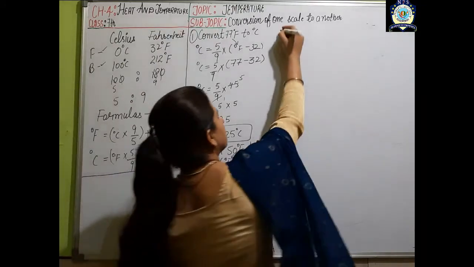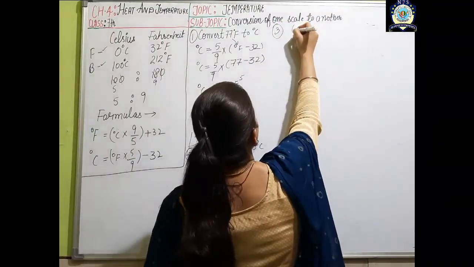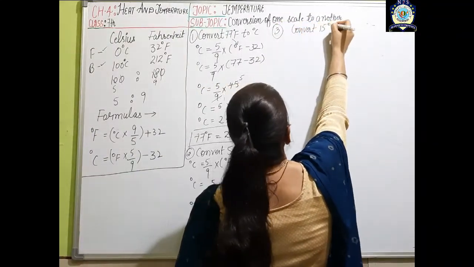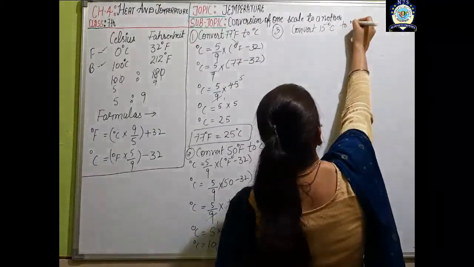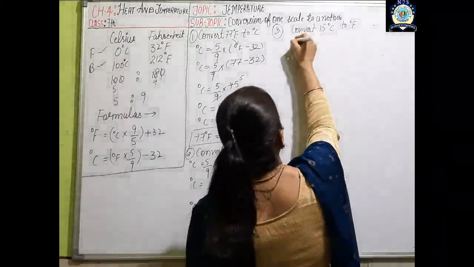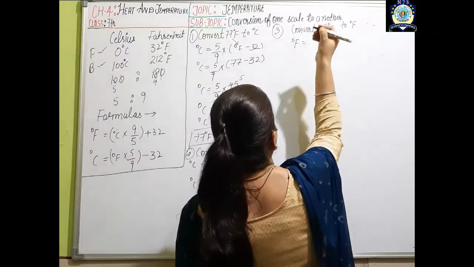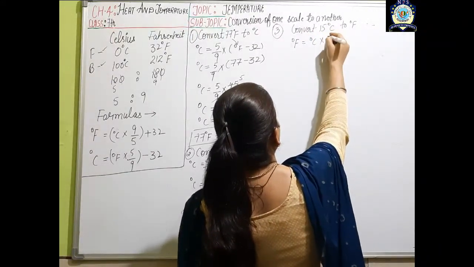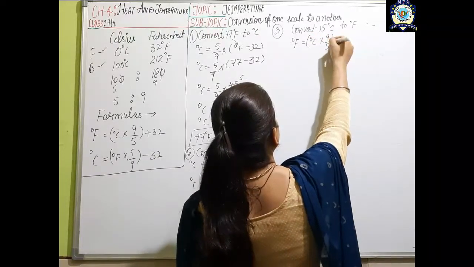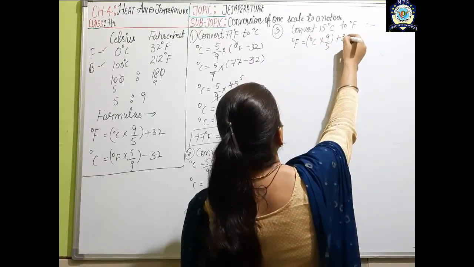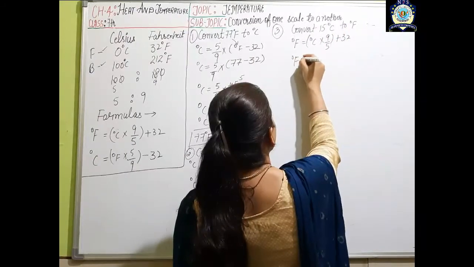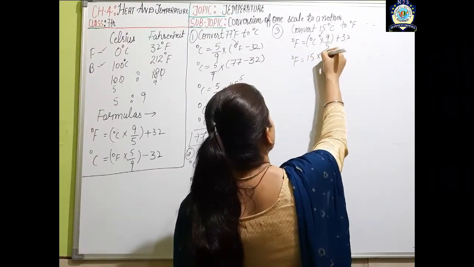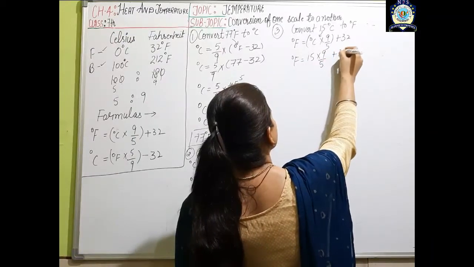Now let's convert 15 degrees Celsius to degree Fahrenheit. Now what's the formula of degree Fahrenheit? Degree Fahrenheit is equal to degree Celsius multiplied by 9/5 plus 32. Now degree Fahrenheit is equal to, we will put the value, that is 15 into 9/5 plus 32.